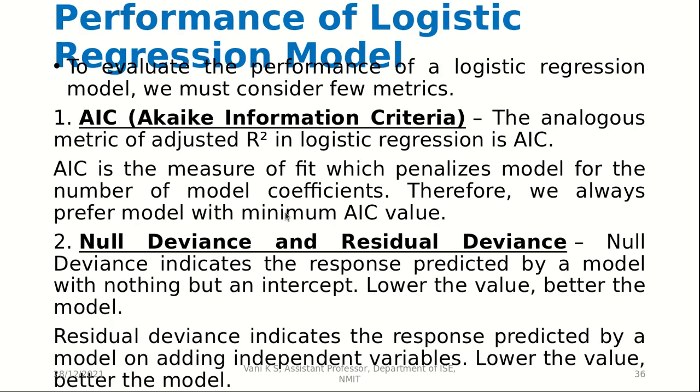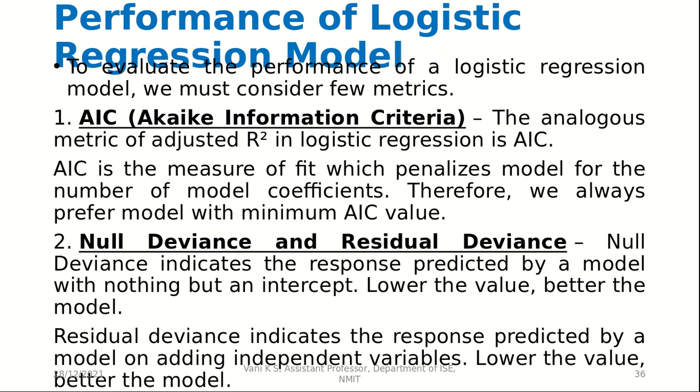Then for the performance of logistic regression, to evaluate the performance of a logistic regression model, we must consider a few metrics. First is AIC. The analogous metric of adjusted R-square in logistic regression is AIC.